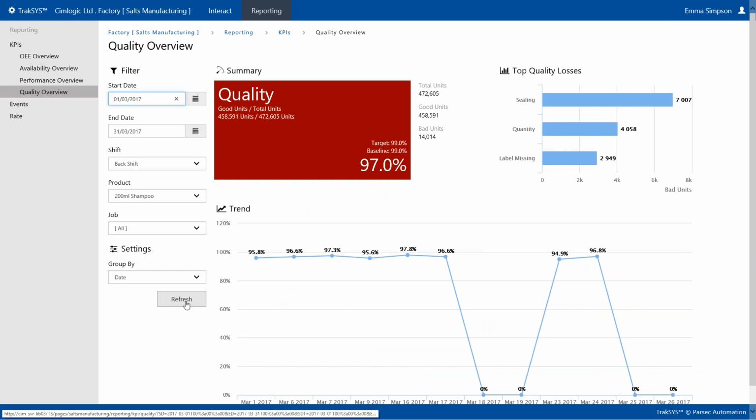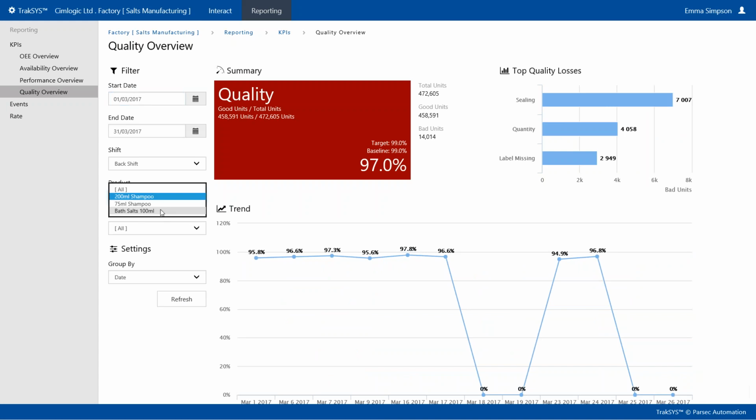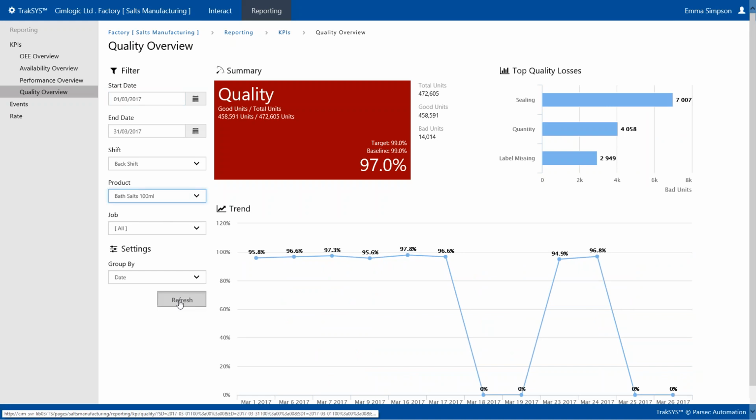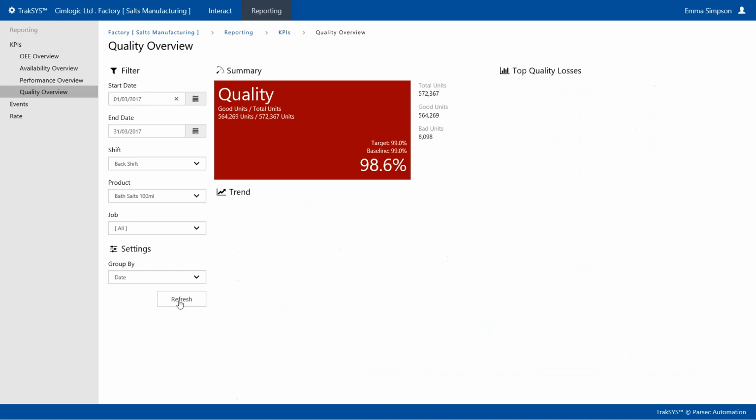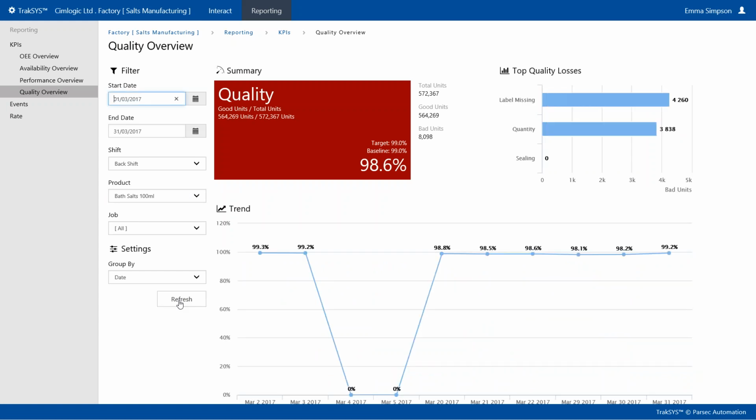Okay, approximately half of the rejection. Let's see this other product. So it's interesting to notice that we don't have any rejects regarding sealing.